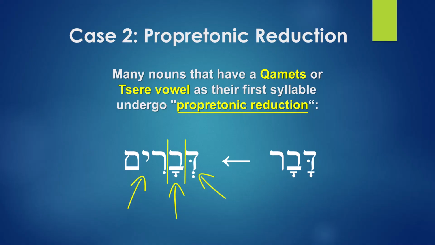You may be wondering why the first part is forming a syllable even though it has a shva, because we say that a shva cannot form a syllable. But because there was a kametz under it, that's why it's forming its syllable. But that's not the point. The point is this. After you have syllabified the word, after you have divided the word, it's going to have three syllables. And under syllabification, we said that each syllable has a special name.